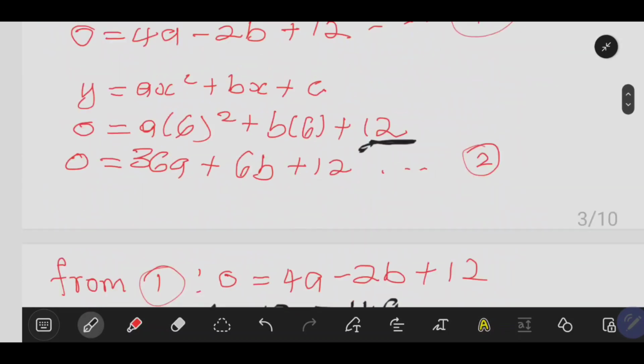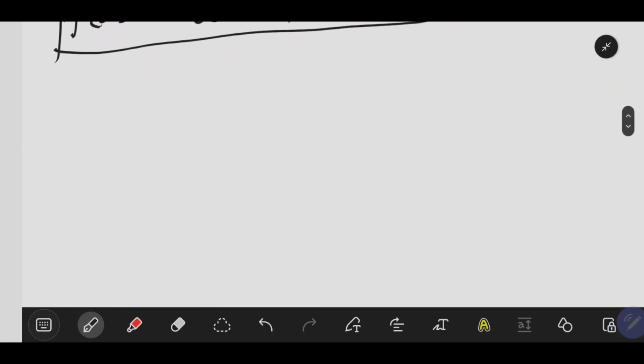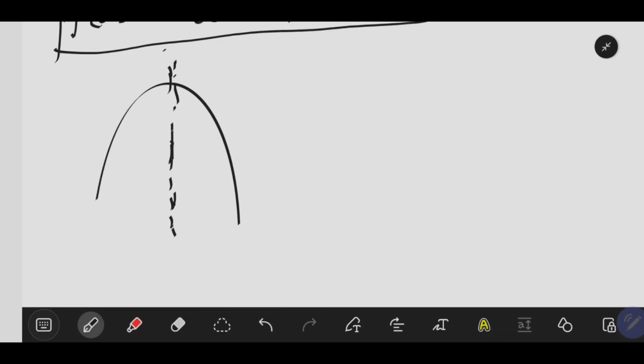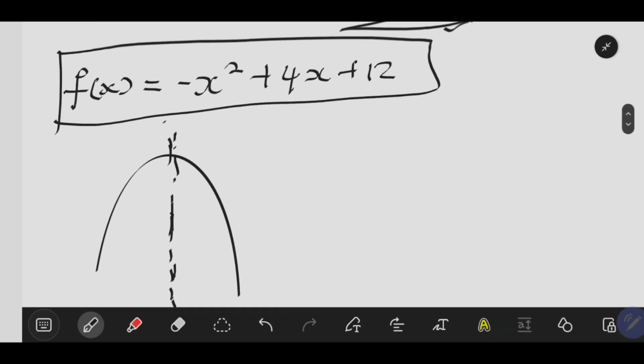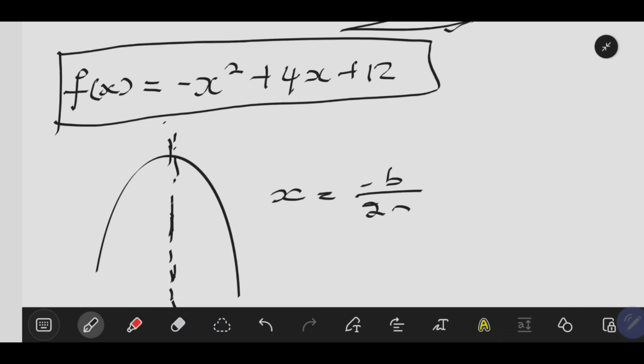To calculate the coordinates of the turning point of a parabola, we should find the x coordinate, which is the axis of symmetry, by saying x is equal to negative b over 2a, and our b value here is 4.